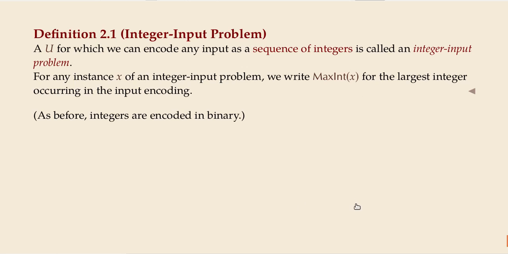That's all easy stuff, I guess. I mentioned that we can cast all problems in this form if we like to, but there's also a list of problems that we've seen before that are naturally sequences of integers.